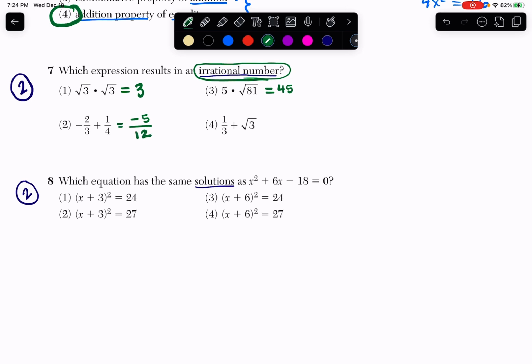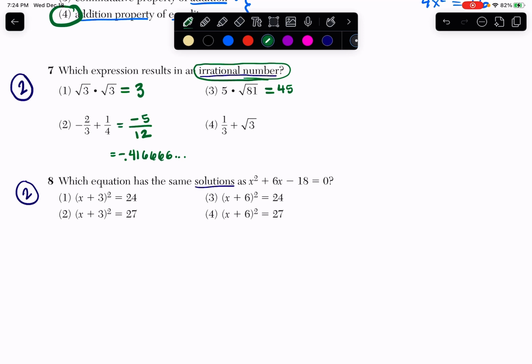You may also get a decimal. So really quickly, if your calculator gives you a decimal, the decimal is negative 0.416666... So my calculator will either give me negative 5/12 or negative 0.41666666.